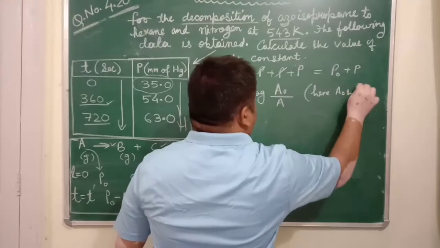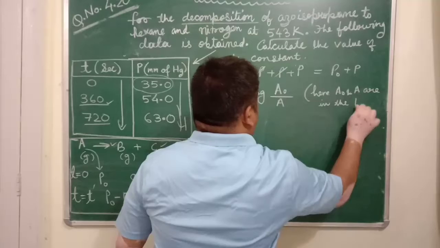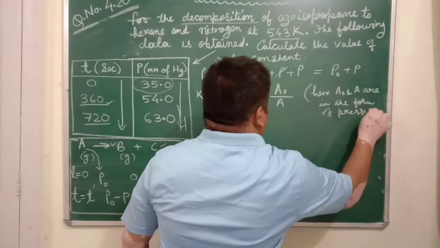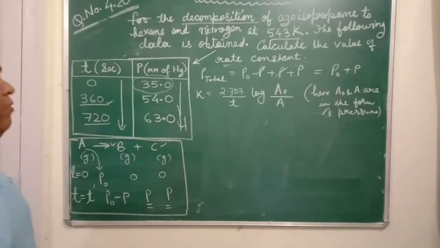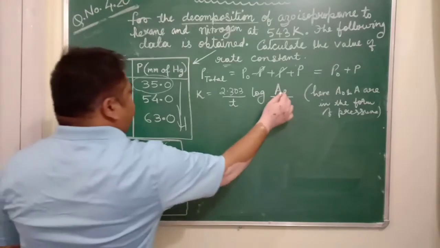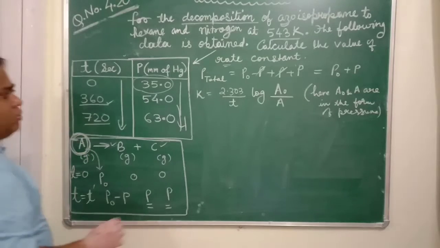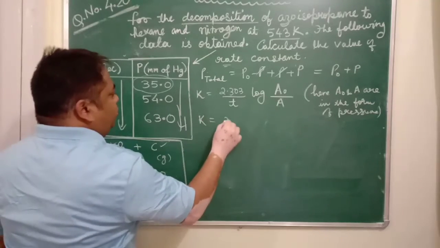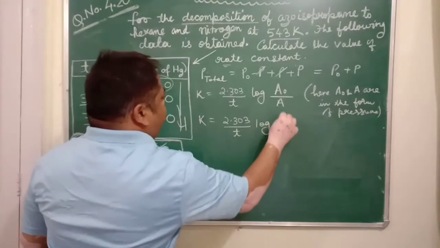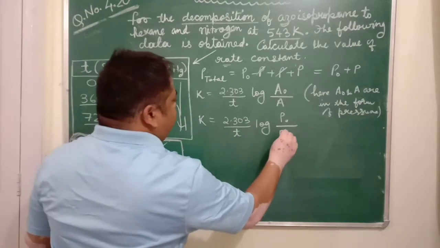A0 and A are in the form of pressure. Now how we can find out the value of A? Let us see it in this way. This A0 and A both are the pressure values of the reactant. So I can write this as K equal to 2.303 by T log P initial divided by P initial minus P.